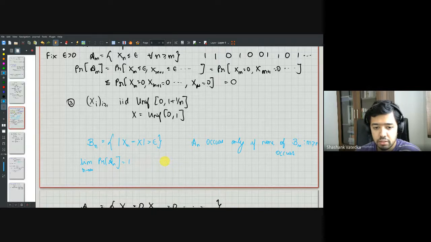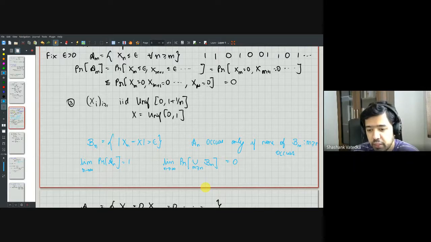And that happens if you can show that limit as n tends to infinity, probability of union m greater than or equal to n of Bm, this is equal to 0, right?